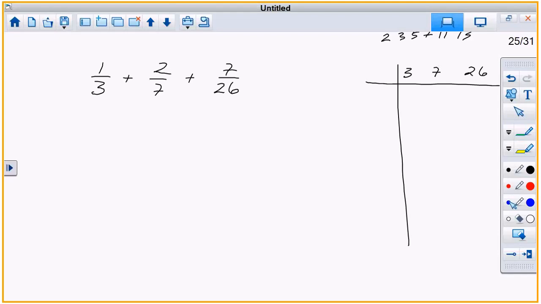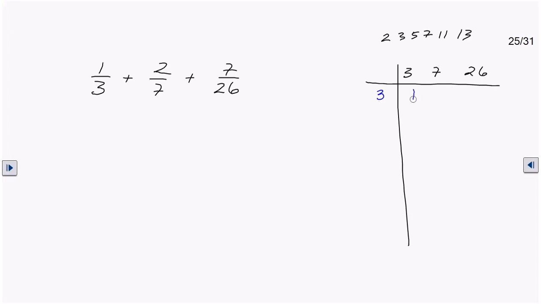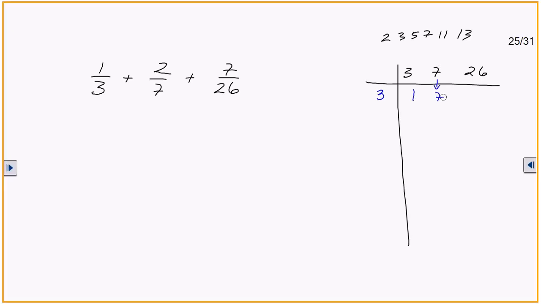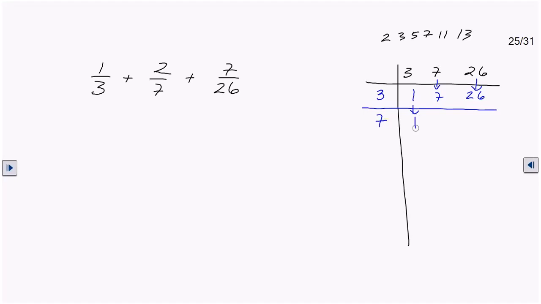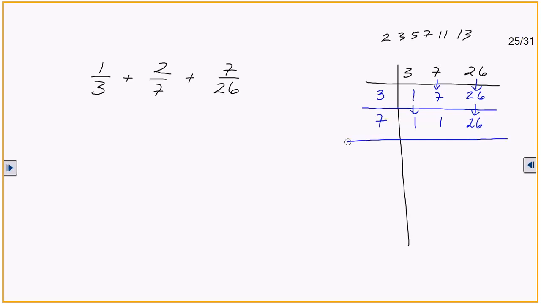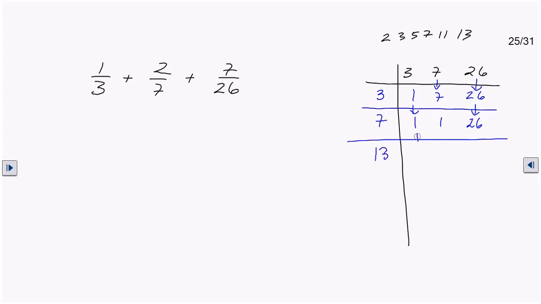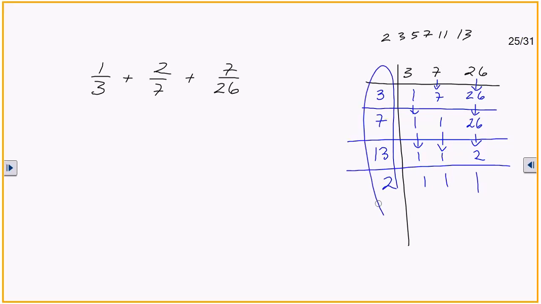So I'm going to divide by 3, and that'll give me a 1. This comes down. 3 won't go into 26. 13 will, so that's 26. 7 comes down. 1, 26 comes down. 13, that's a 1, that's a 1, that's a 2, and then 2, 1, 1, and 1. So here is your least common multiple.